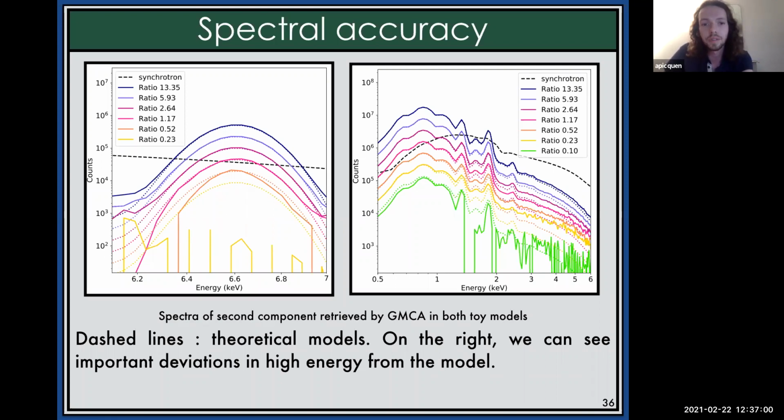We can see that it is mainly well retrieved, but there are deviations at high energy from the model, particularly on the right one. And this was linked to the fact that at high energies, the thermal emission was so faint that it was really overlapped by the synchrotron, and it completely disappeared.